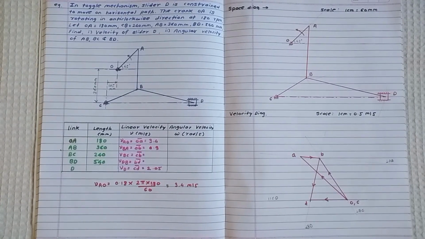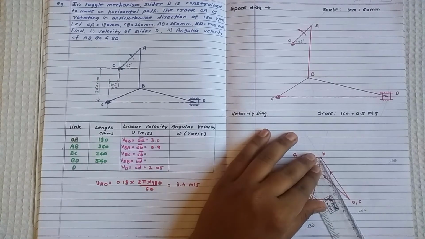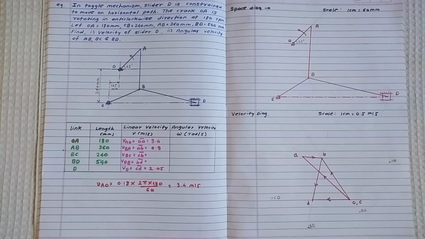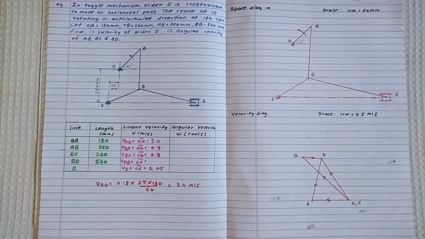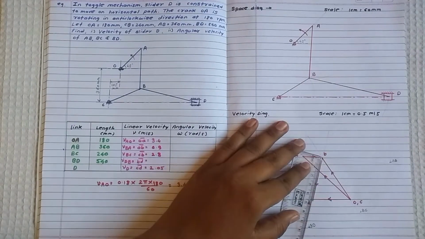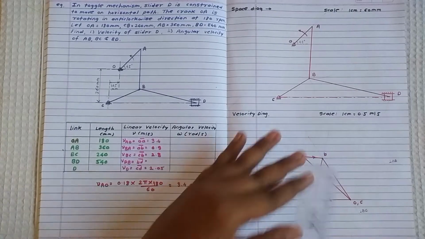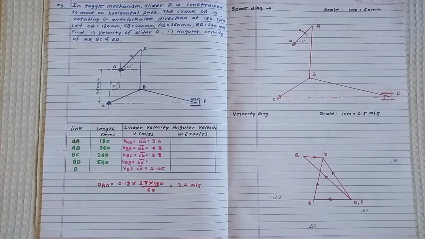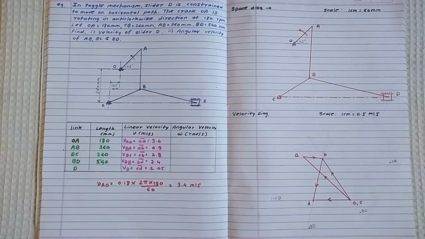Let us measure cb bar. It comes to 5.6 multiplied by scale, so it will be 2.8 meter per second. Next is db bar. It is 4.8 multiplied by scale, 2.4 meter per second.